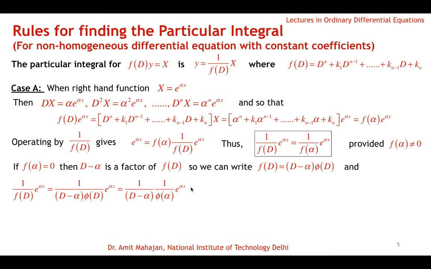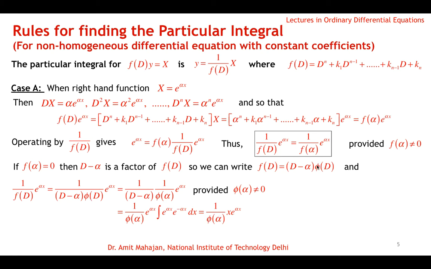The theorem we just did says that 1 over the linear operator D minus alpha on any function is exponential times the integral of X into exponential, so we can utilize that. So 1 by phi alpha is outside, and 1 by D minus alpha on exponential means e power alpha x times the integral of this capital X into e raised to power minus alpha x dx. Because this is 1 inside the integral, the exponential will cancel out, and the integral of dx will be x, so we have x e power alpha x, provided phi alpha is non-zero.